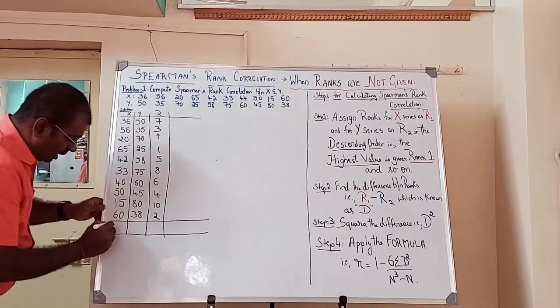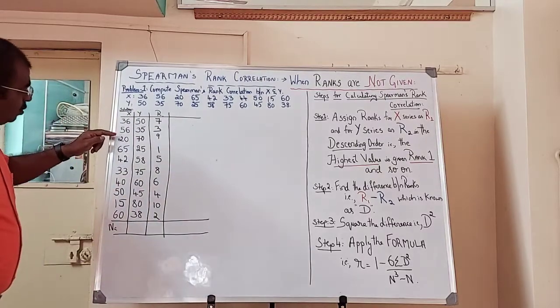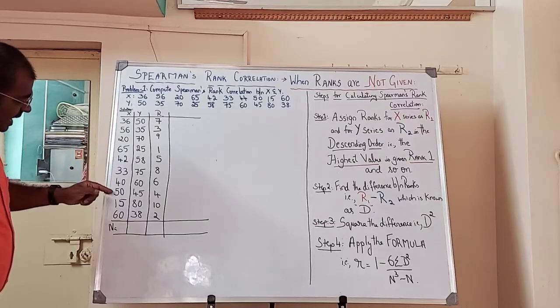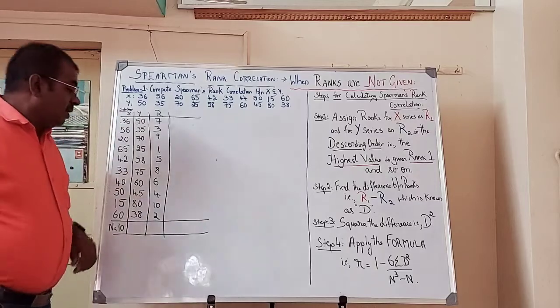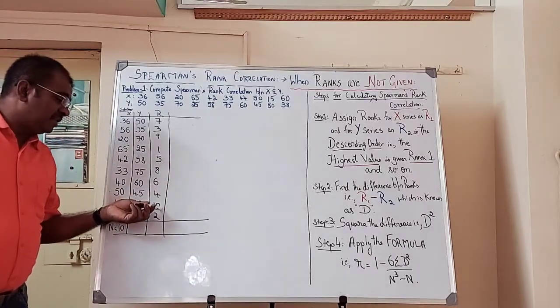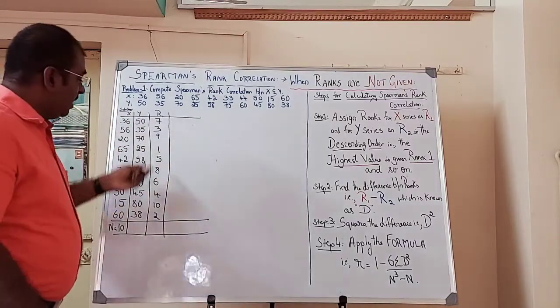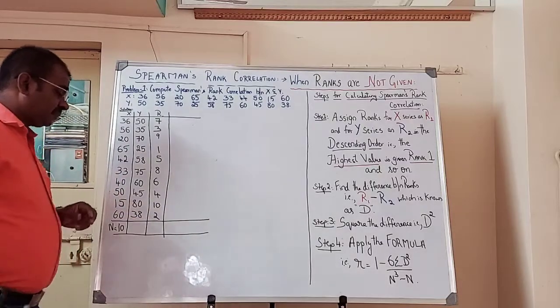Now, what is the total number of variables? 1, 2, 3, 4, 5, 6, 7, 8, 9 and 10. So n is equal to 10. We can cross verify it with the highest rank, which is 10. There are 10 different ranks.